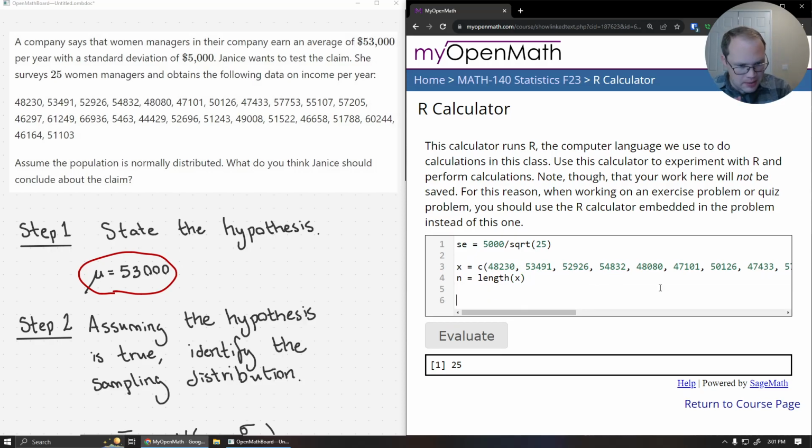And then to find the mean, to find x bar, I just add up all my sample data values and divide by how many there are. And so the sample mean is $50,283.36.